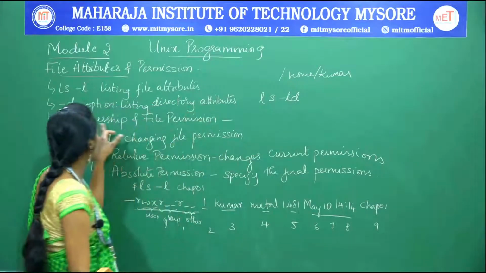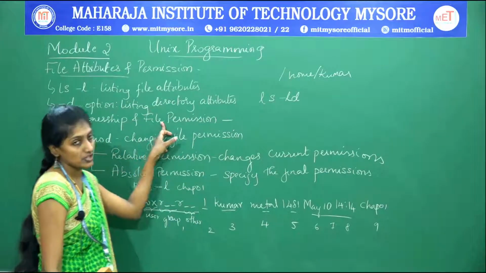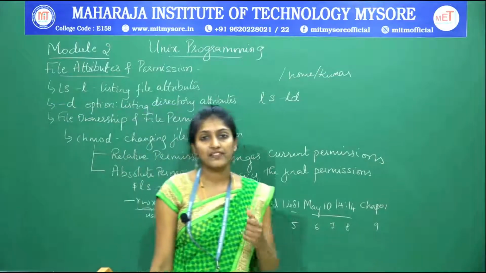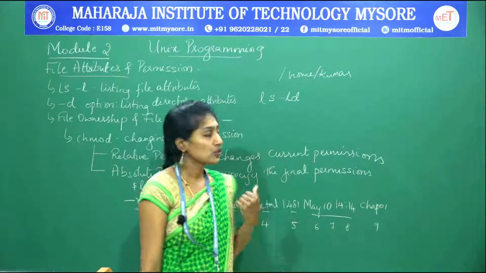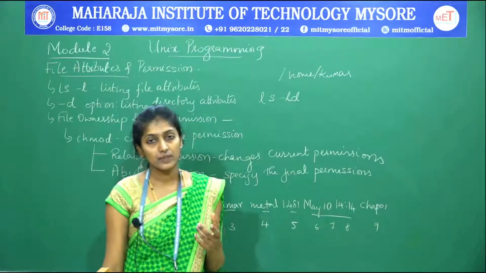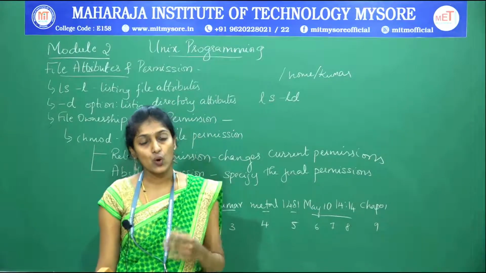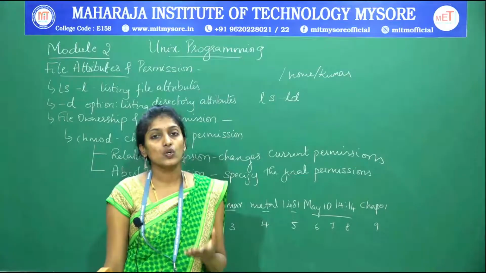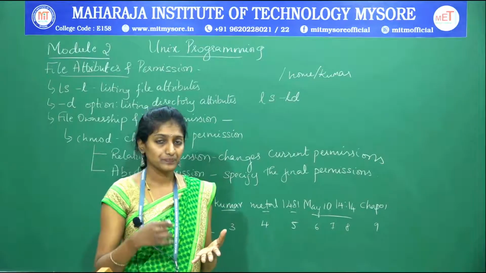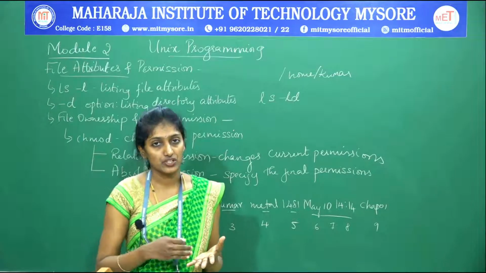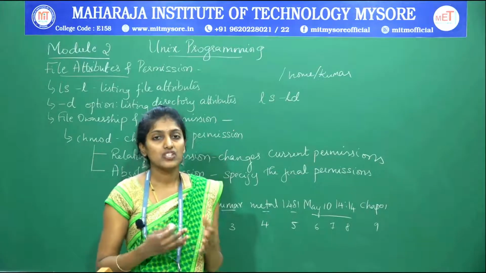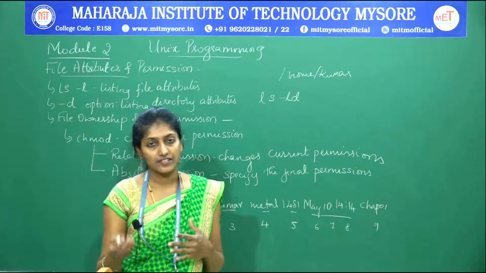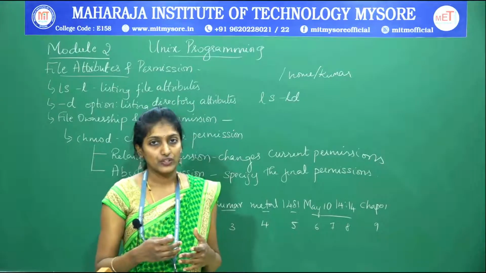Next we discussed the file ownership and the file permission. What do the file ownership and the file permission represent in the Unix file system? If the user wants to know who is actually the owner of that file, and also how to change the file permission. By default the permission will be set for each and every file that you create.